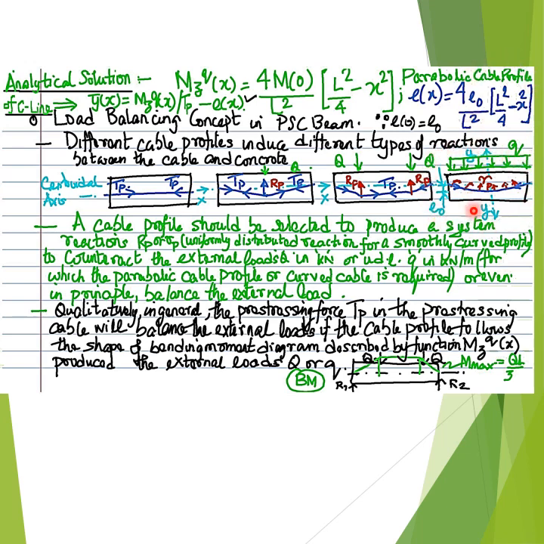For example, a parabolic cable profile, as illustrated in this figure, will induce a uniformly distributed reaction, denoted as small r subscript p, between the pre-stressing cable and the concrete, normal to the cable profile in the pre-stressed concrete beam with a parabolic or curved cable profile.